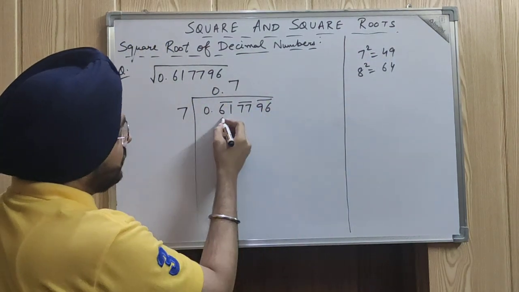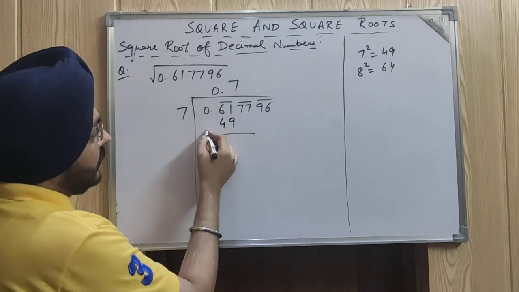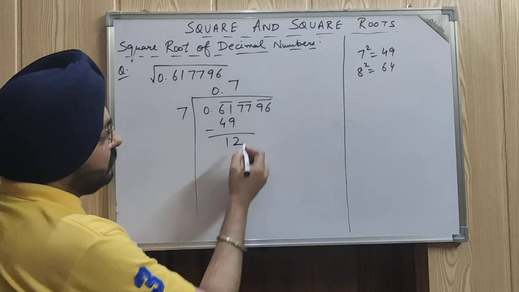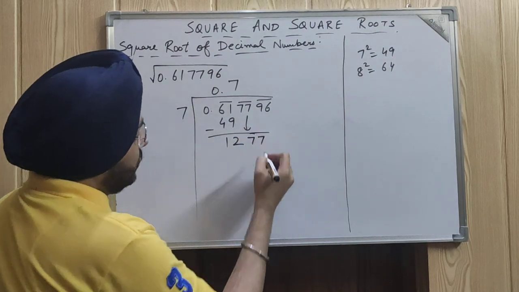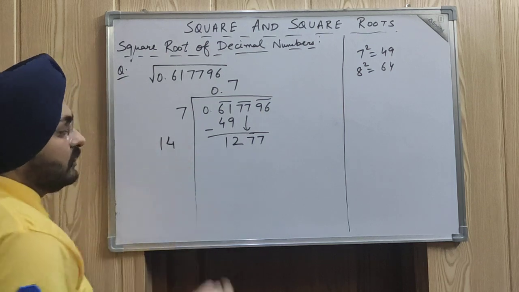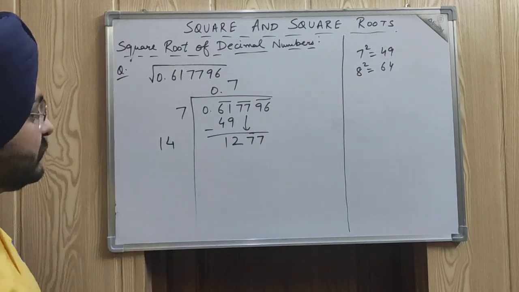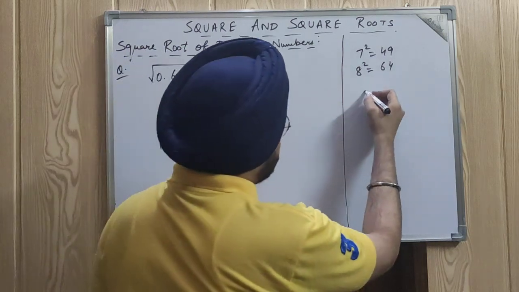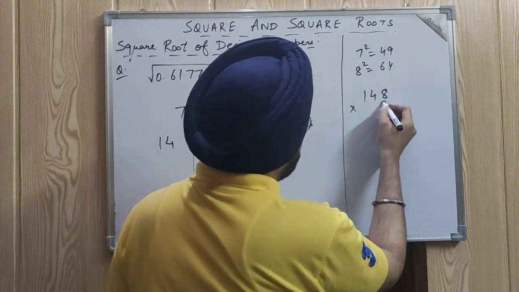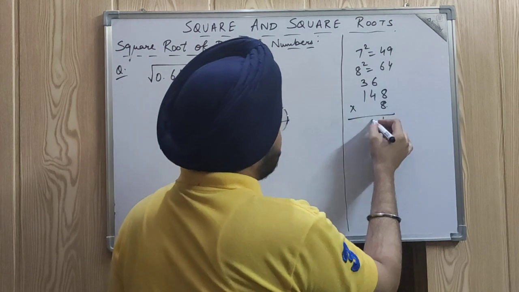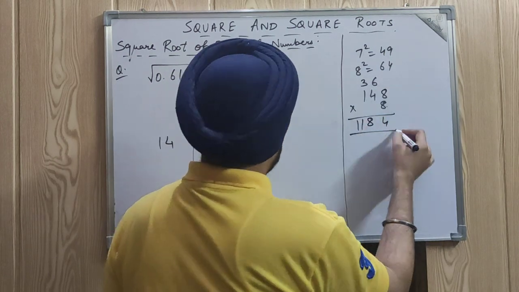So 7 into 7 will become 49. 11 minus 9 will become 2, and 5 minus 4 will become 1. So this 77 will be coming downwards. 7 plus 7 will become 14. Now this will be going with around 7 or 8, so checking with 8 first. 8 into 8 will become 64, 8 into 4 is 32 plus 6 is 38, 8 into 1 is 8 plus 3 is 11.